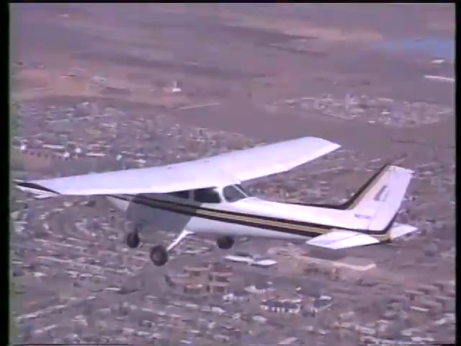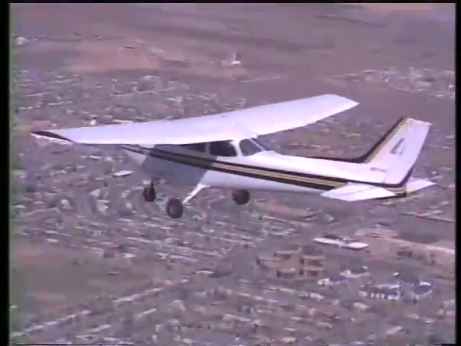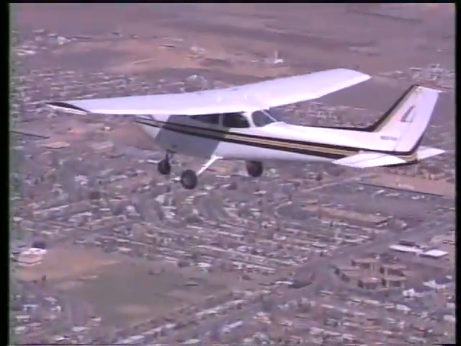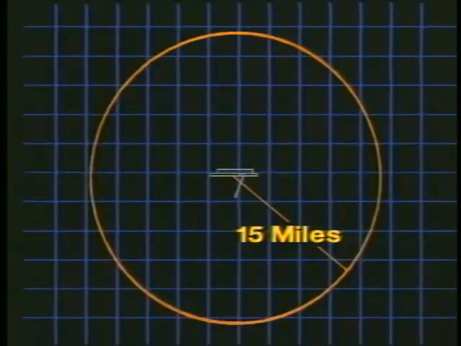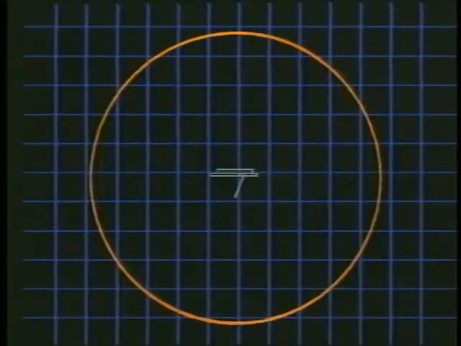Now let's turn our attention to some of the procedures and communications for an arrival at a controlled airport. If you're arriving at an airport with an operating control tower, it is a good practice to make your initial call-up approximately 15 miles from the airport. Before you enter Class D airspace, you must establish and maintain radio communications with the tower.